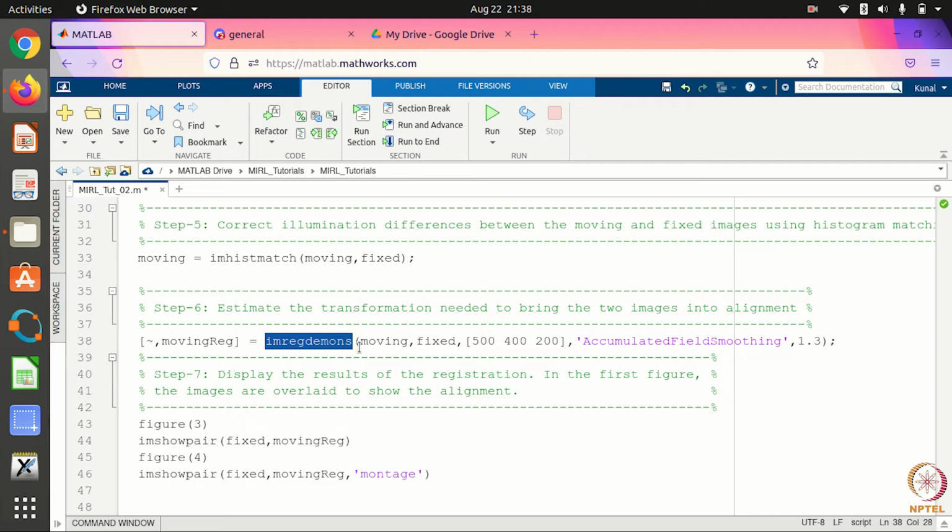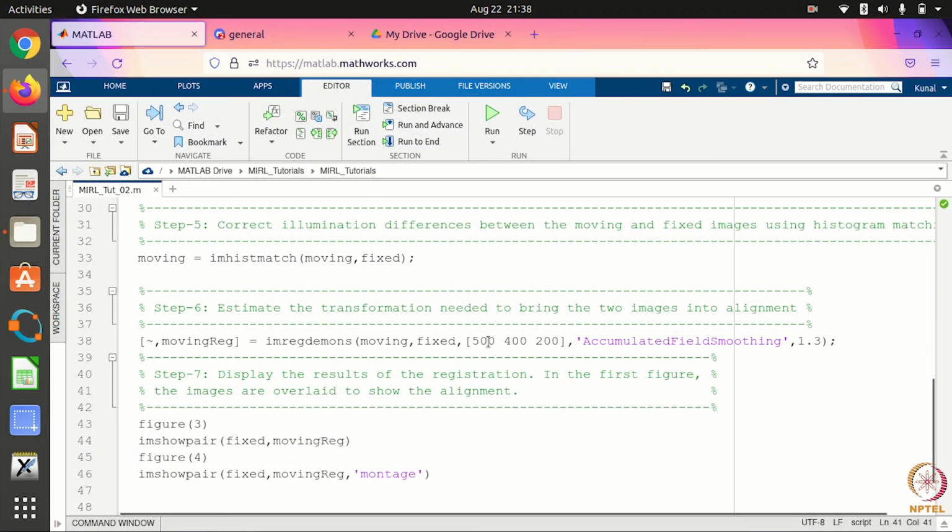What it does is it estimates a displacement field D that aligns the image to be registered. The image to be registered is the moving image, the right hand side, and it aligns it with the reference image, which is the fixed image, on the left hand side. The displacement vectors at each pixel location map locations from the fixed image grid to a corresponding location in the moving image.